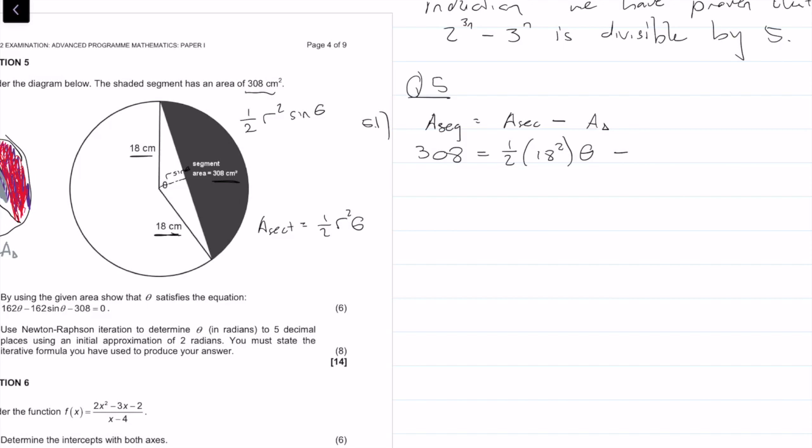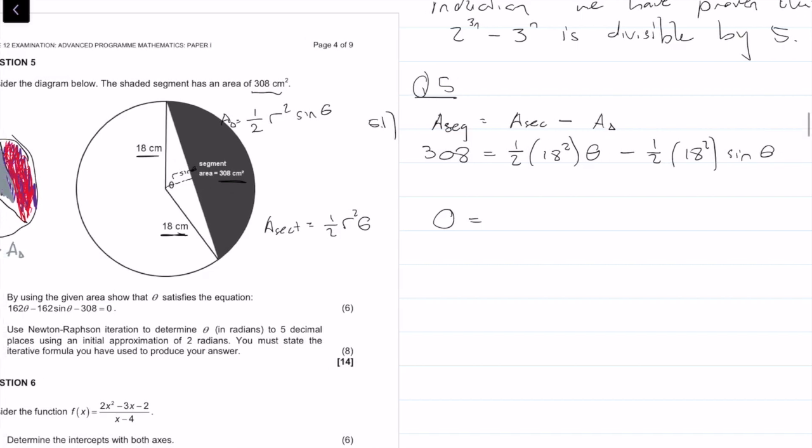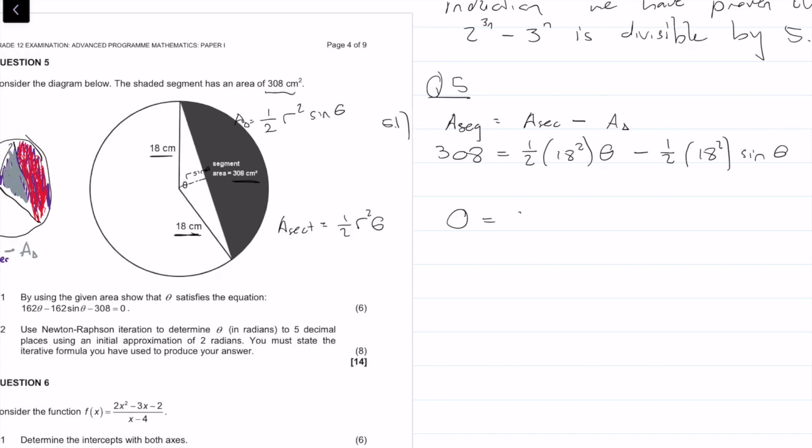So the area of the triangle equals half r squared sine theta, which is half times 18 squared sine theta. Now taking this 308 to the right hand side, we can say that 0 is equal to, here half times 18 squared is 162 theta minus 162 sine theta, minus 308, which is what we wanted.